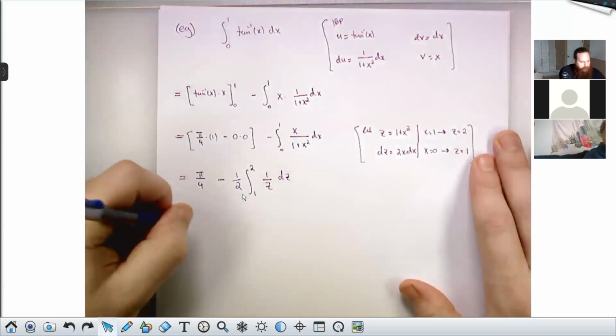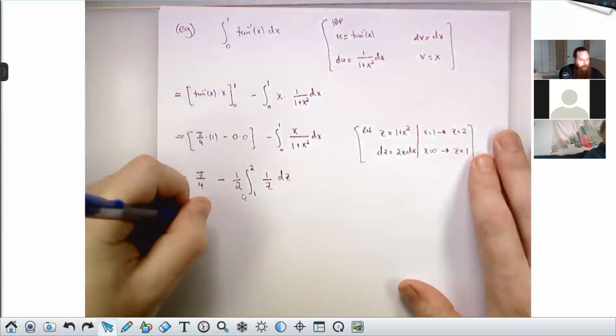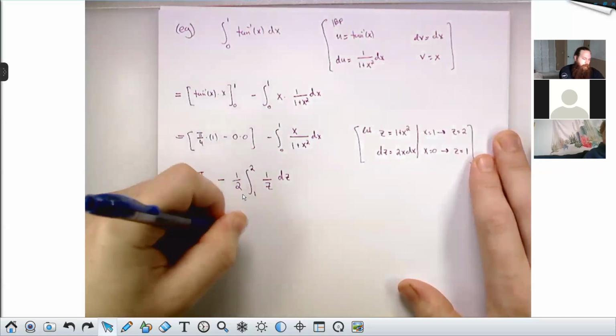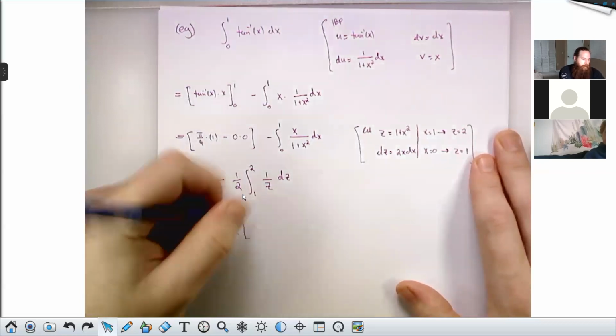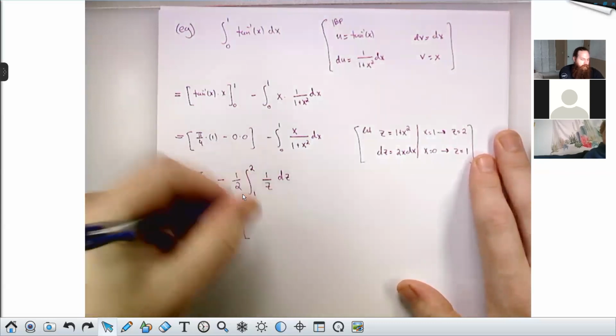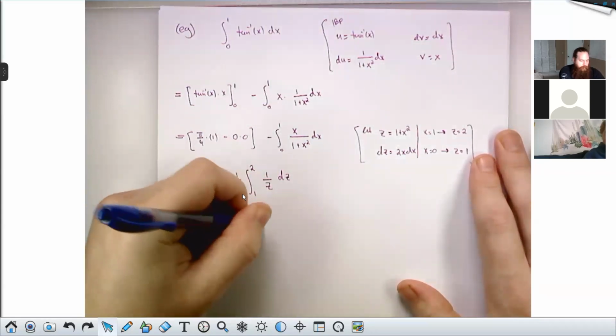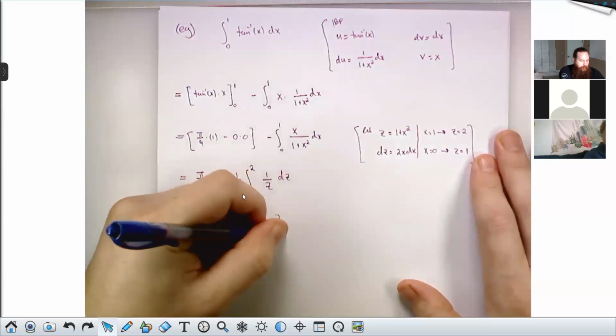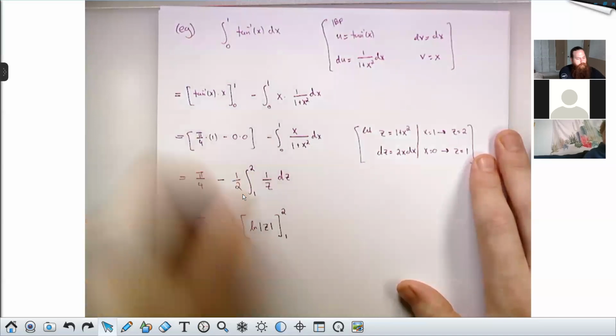So altogether, we get pi over 4 minus 1/2 times the integral of 1 over z dz, which is the natural log of the absolute value of z, and that has to get evaluated between the new bounds 1 and 2.